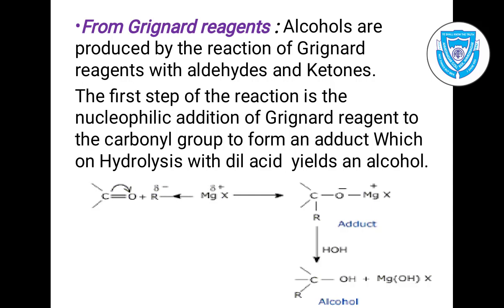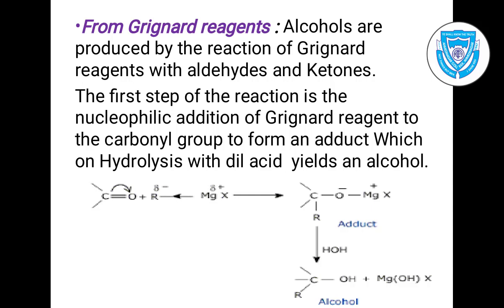Then this adduct, when hydrolyzed, will give you alcohol as the product. So in Grignard's reagent, the alkyl part attaches to the carbon and forms an adduct, and this adduct on hydrolysis yields alcohol. So this was one more method of preparation of alcohol.